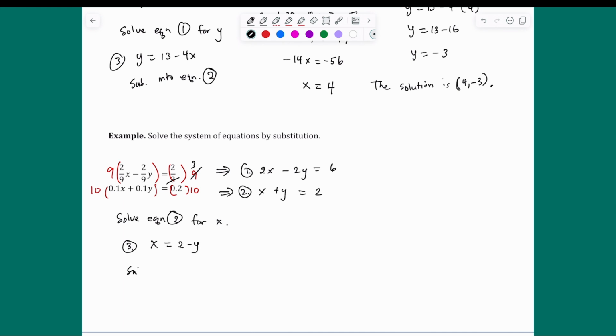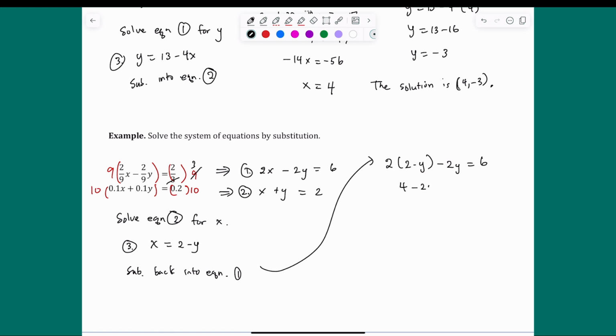Alright, I'm going to sub that now back into equation 1. Okay, so let's go over here. So we have 2 times 2 minus y minus 2y equals 6. Alright, simplifying, we get 4 minus 2y minus 2y equals 6.